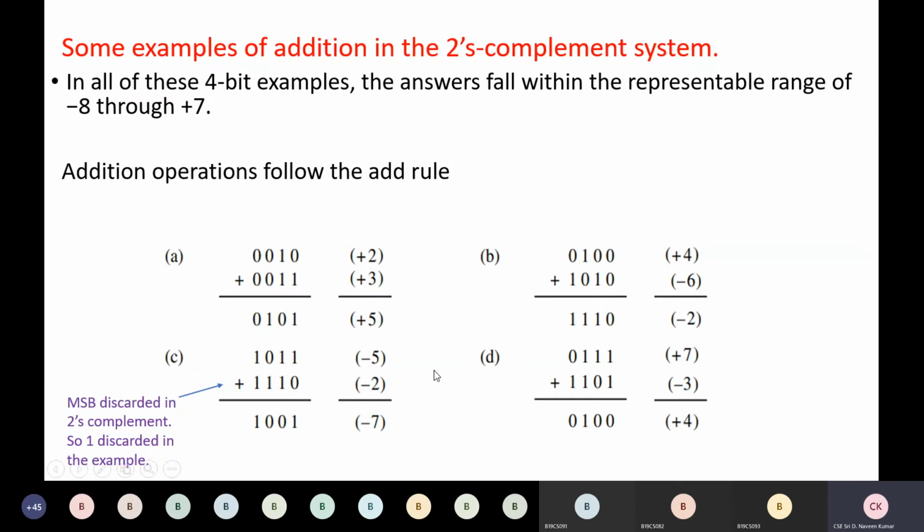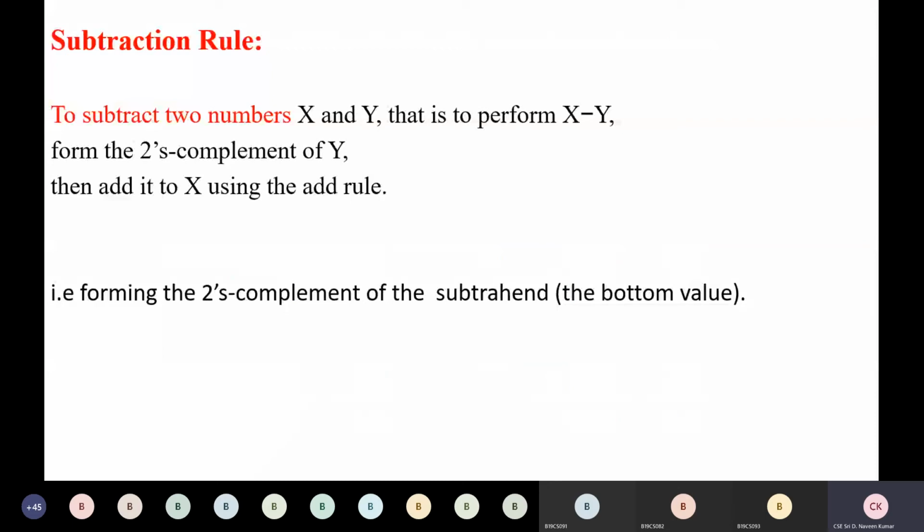So these are some additions in 2's complement, and similarly subtraction. This is the subtraction rule to do subtraction of 2's complement values. We want to perform x - y. What we need to do? First we need to find the 2's complement of y.